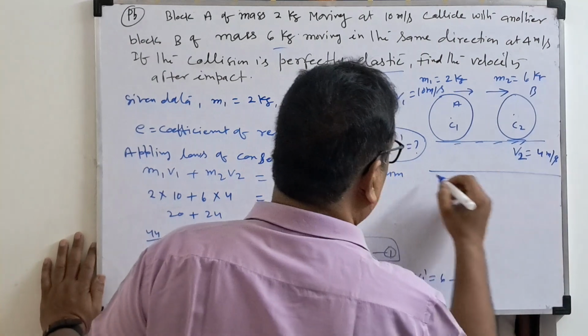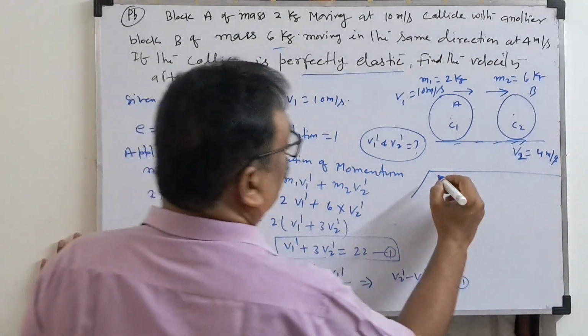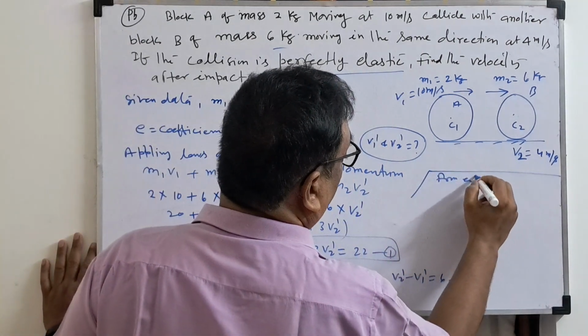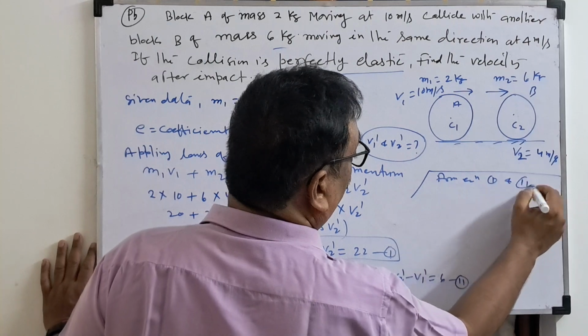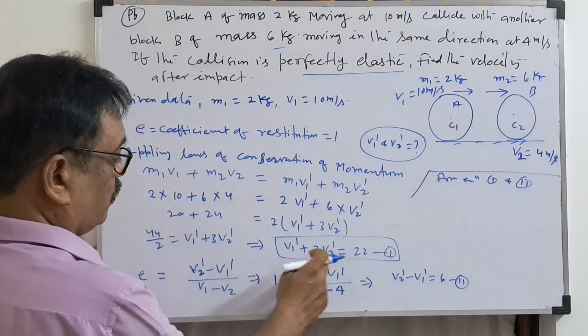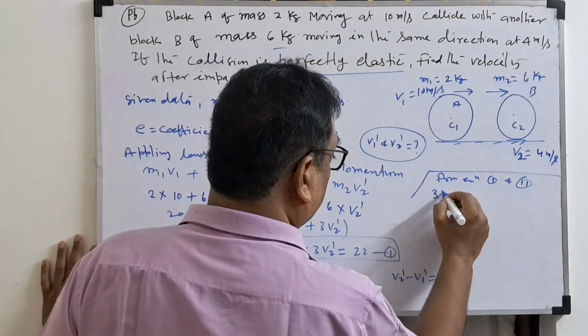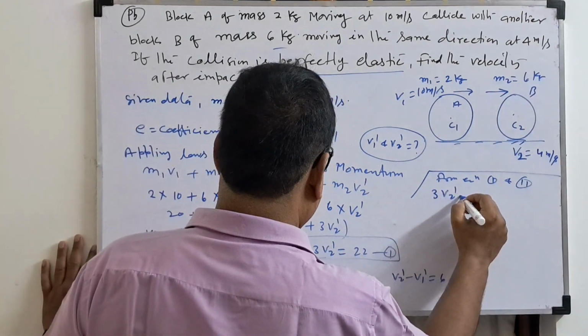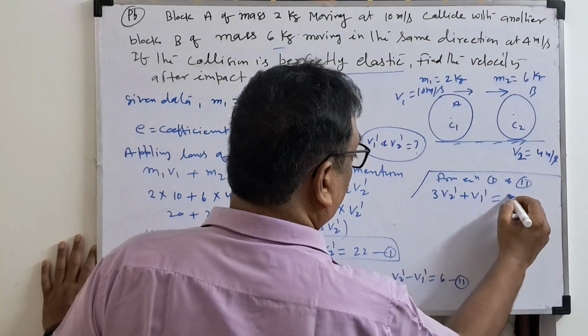We'll solve now from equations 1 and 2. Equation 1 is 3 V2 dash plus V1 dash equal to 22.